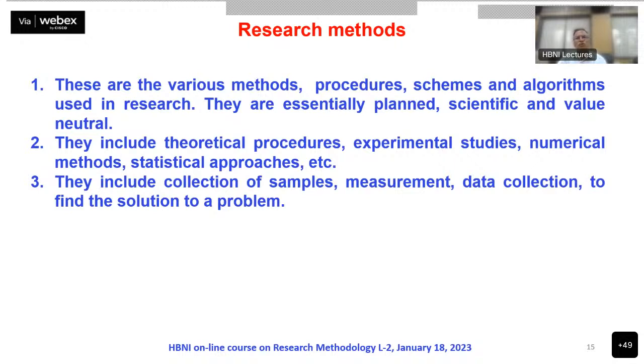So module C includes different research methods, and that will vary for you. This will be taught in your own institute by your seniors. We are taking care of the general aspects of research methodology and ethics in publication research. Research methods include collection of samples, measurement of the samples, and data collection to find the solution to a problem. So these are the different research methods.